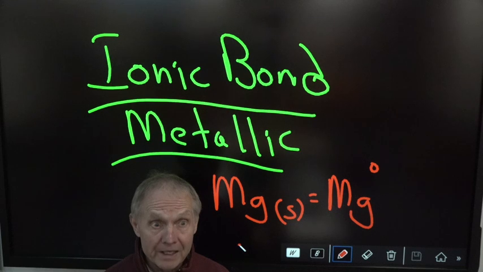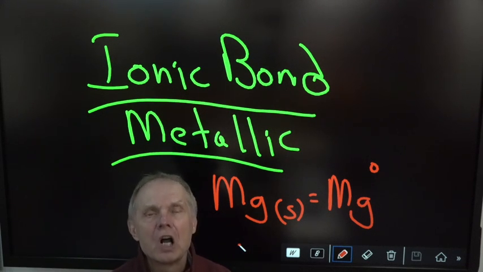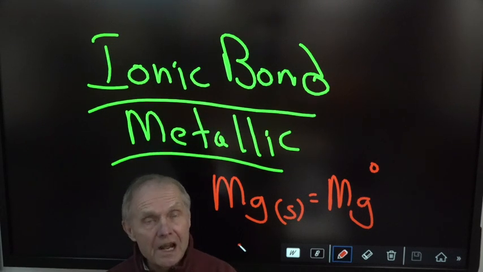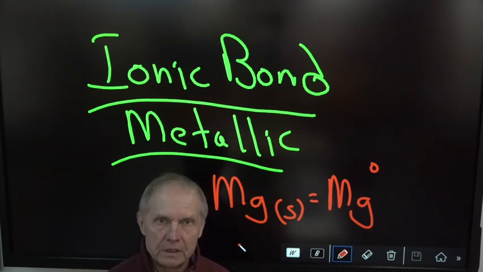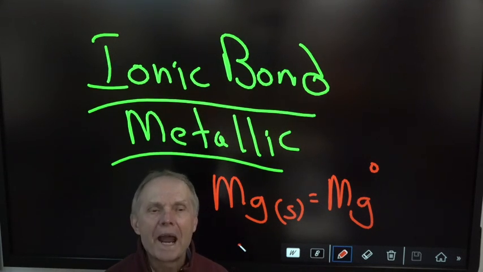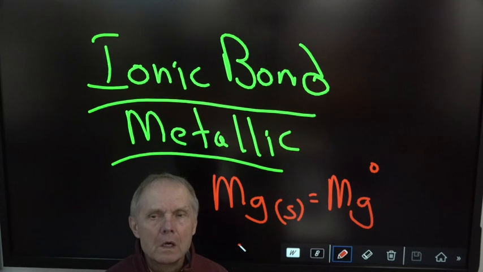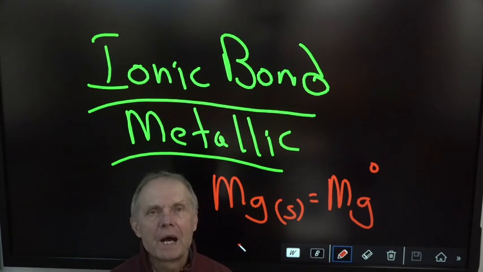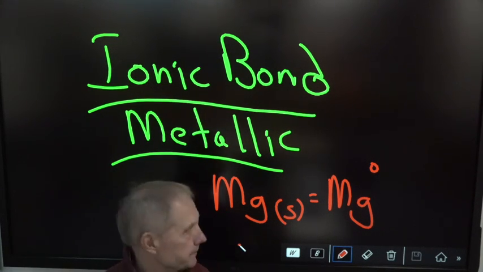So if it's two nonmetals, they have to share electron pairs. Some share equally, and some don't share equally. And that's what we're going to talk about right now. So we're going to go back over the two types of covalent bonds that we're going to do today.